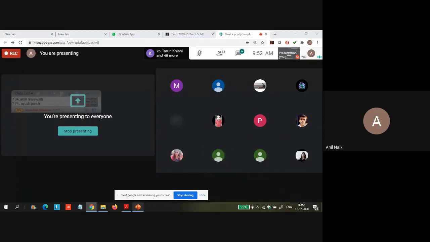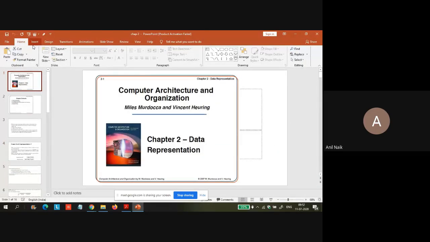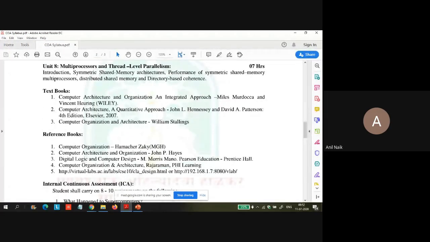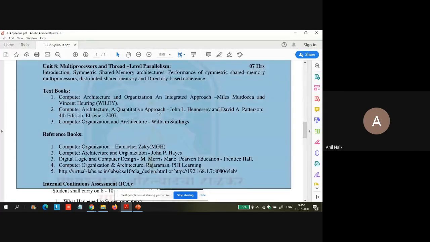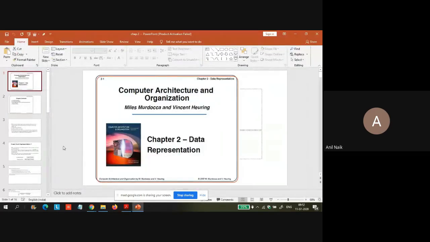Okay, so we'll start. For this, you have to refer to your syllabus textbook, Computer Architecture and Organization: An Integrated Approach by Miles Murdocca. For this textbook, you will get PPTs online, and I can also share them through the classroom.